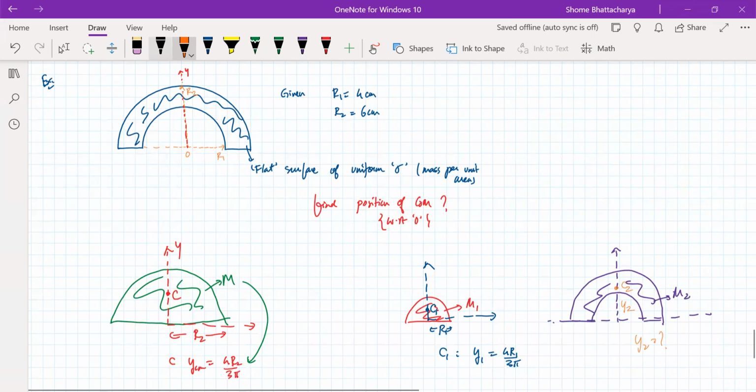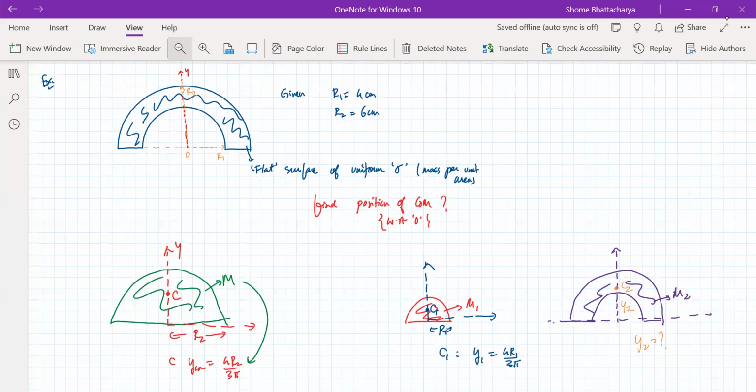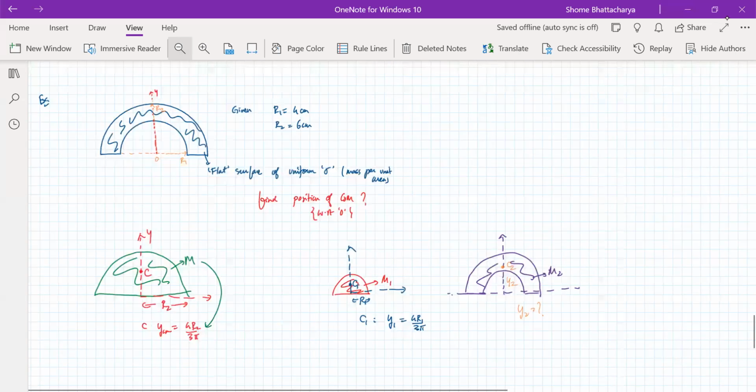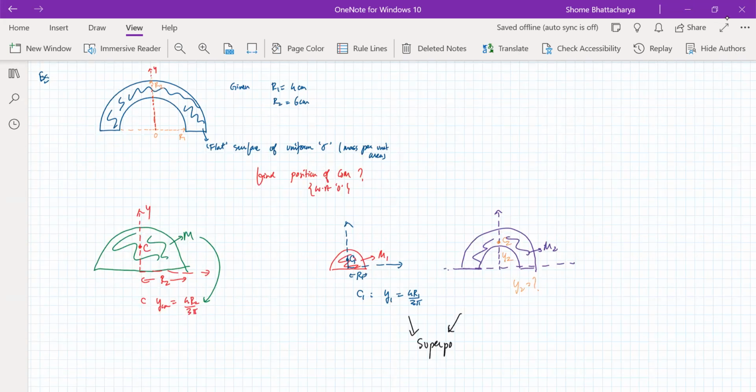But I know that if I superimpose this and this, then I get this. So what I know is that if I superimpose m1 and m2 in my diagram, then I will get m, which is the one on the left. So that is a superposition I will use. The superposition of these two masses m1 and m2 will give me the mass m, which I have over here.